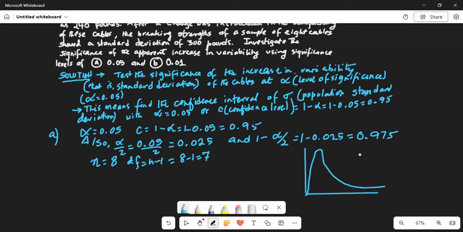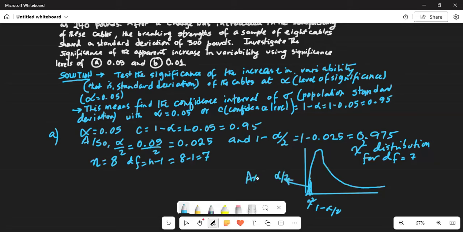Let us consider the chi-square distribution for degrees of freedom equal to 7. The two critical values of chi-square we need: this one is chi-square 1 minus alpha by 2, because the area to its left is alpha by 2.